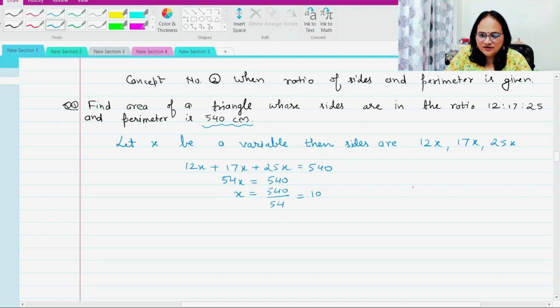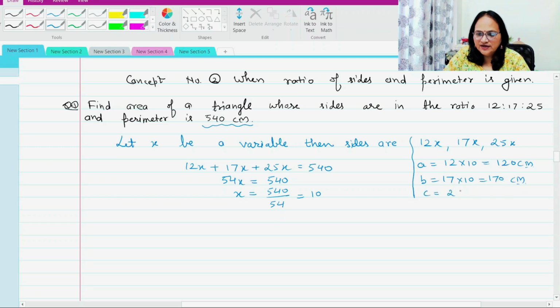Now from here I need to calculate the length of the sides. The first side will be 12x, means 12 into 10, 120 centimeter. Side B will be 17 into 10, that means 170 centimeter. C will be 25 into 10, 250 centimeter. Check.